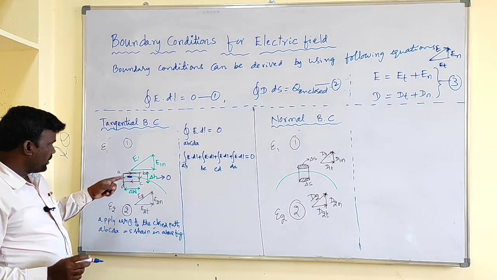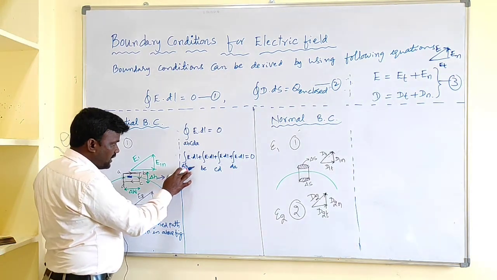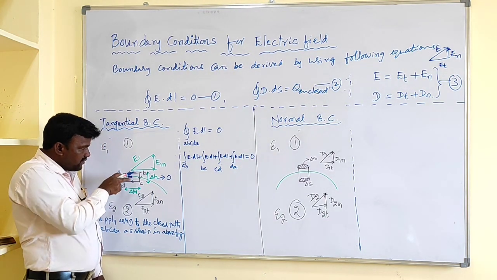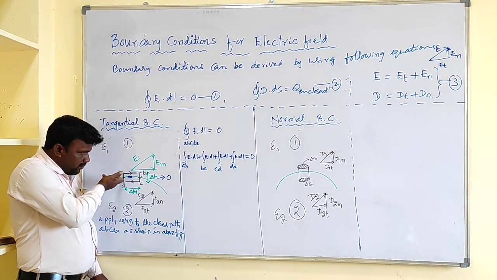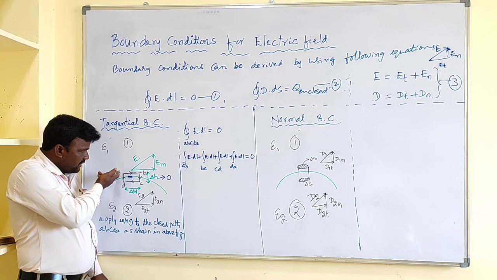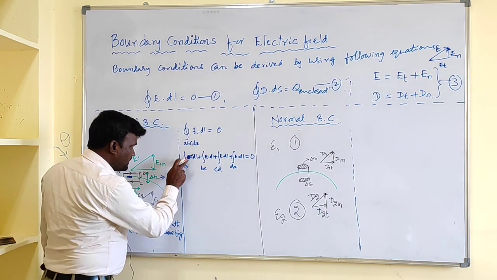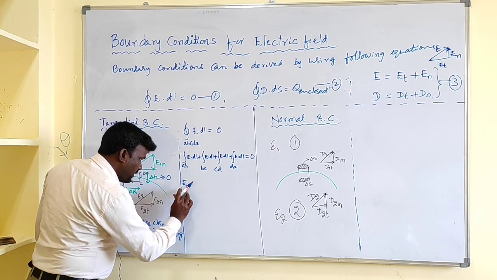Now if you go along the AB direction, for this integration we have AB. In this case, we have the electric field component parallel to the interface. That means we have the tangential component in the direction of AB. So the electric field component is uniform, and this value is given by what?